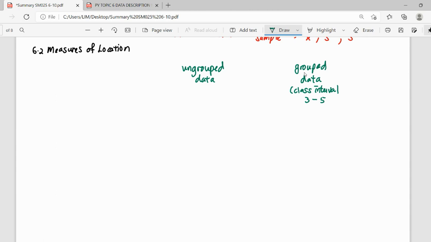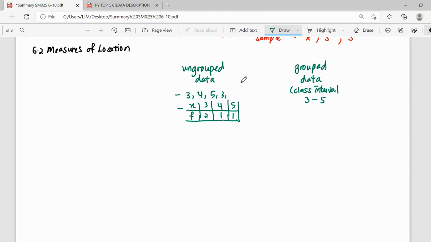So ungrouped data can be written 3, 4, 5, 3. They can put a list like that. They also can put it in a table, like your data is 3, then your data is 4, your data is 5. So X is represented by our data. So your frequency means your occurrence. Kewujudan dia 3 ada 2 kali, 4 ada sekali, 5 ada sekali.